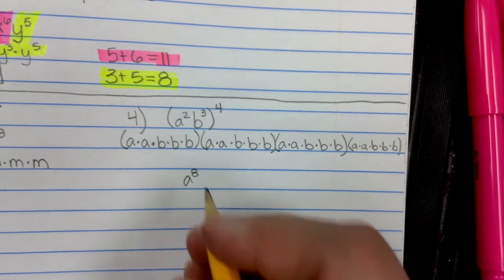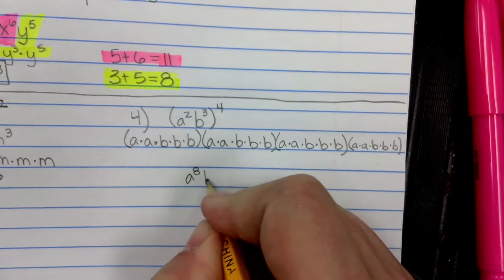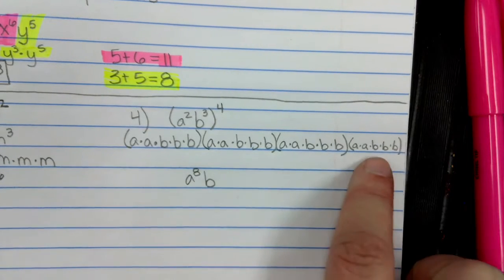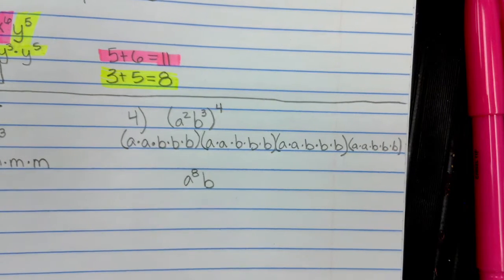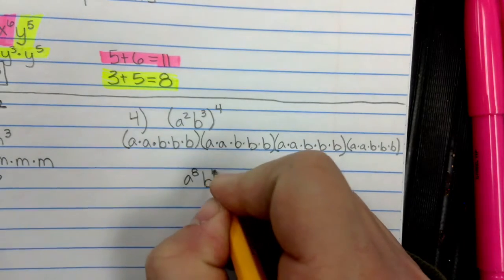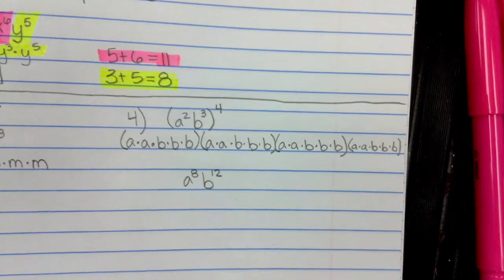How many B's are there? 12, because we're taking 3. How many times do we have 3 B's? 4 times. So 3 times 4, 12. Can we combine our A's and B's? Nope, so we're done.